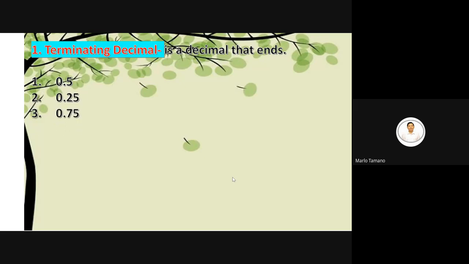Number 3, 0.75. Number 4, 0.4. Number 5, 2.2. Number 6, 13 and 375 thousandths. Okay? All of these are examples of terminating decimals. They have an end. Okay? That 0.5 is 1/2. That 0.25 is 1/4. That 0.75 is 3/4 and so on.